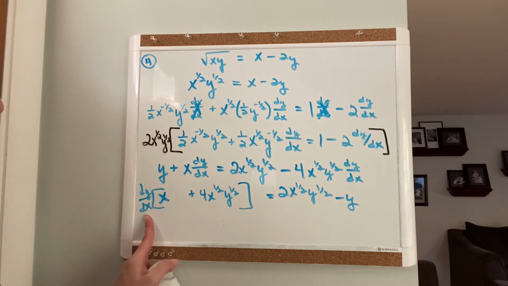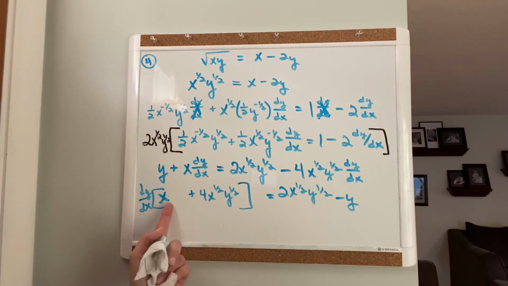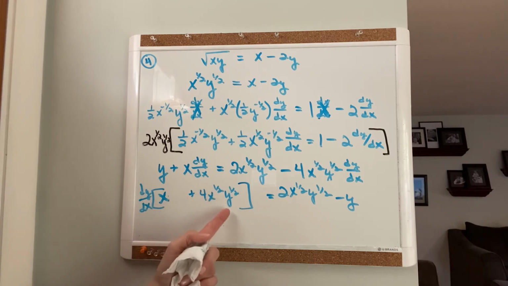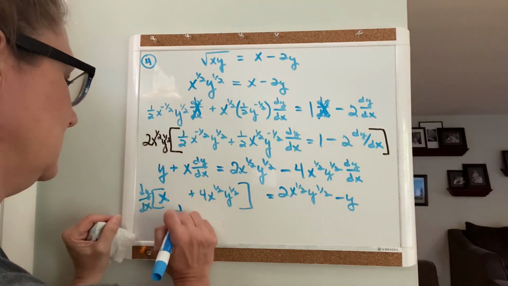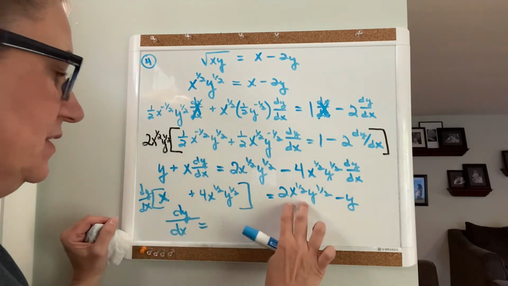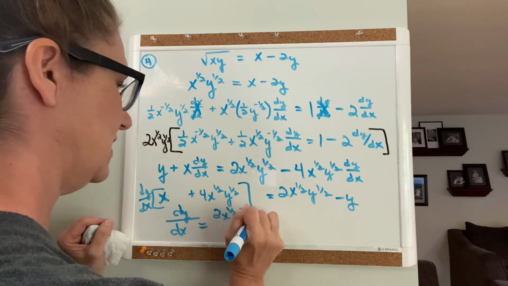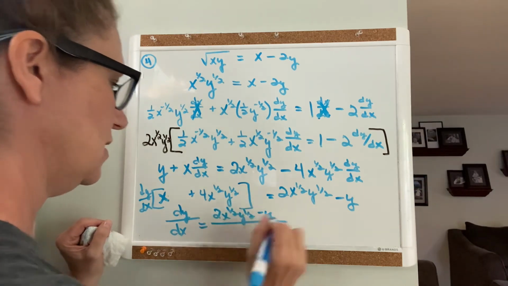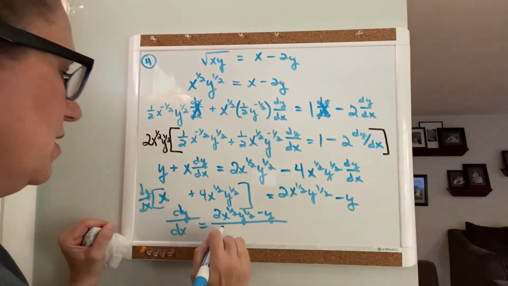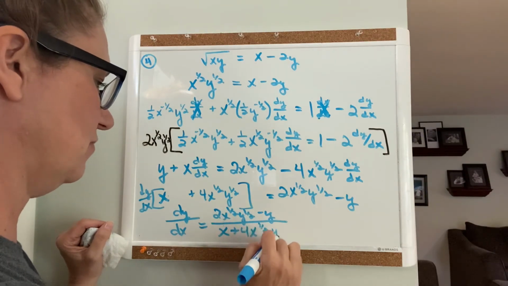In order to get dy dx by itself, we can divide both sides by x plus 4x to the 1/2 y to the 1/2. So we get dy dx, our derivative, is this: 2x to the 1/2 y to the 1/2 minus y, all over this quantity x plus 4x to the 1/2 y to the 1/2.